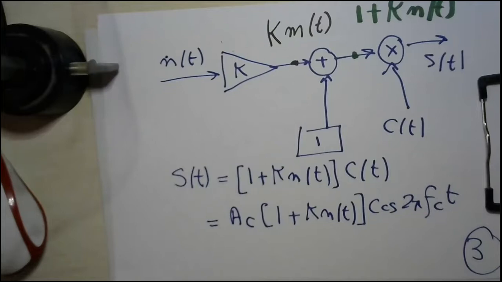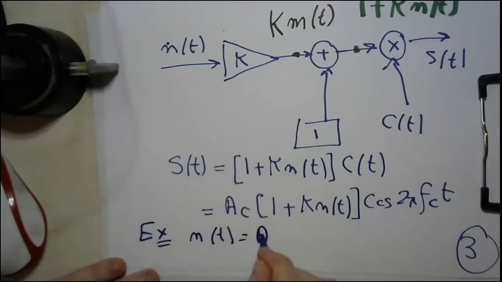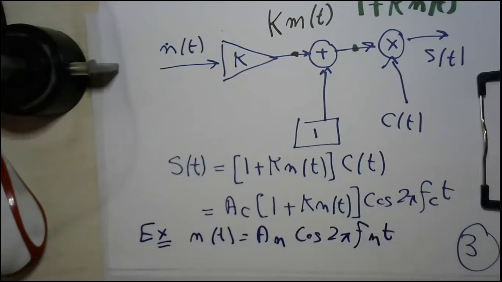We have a single-tone sinusoid, so we are going to apply this schematic to our example, where m(t) is Am cosine 2 pi fmt. Very simple. So what you are going to do now, my dear student, is substitute this m(t) into the general equation for s(t). And then we check: does this schematic solve the phase overlapping problem or not?